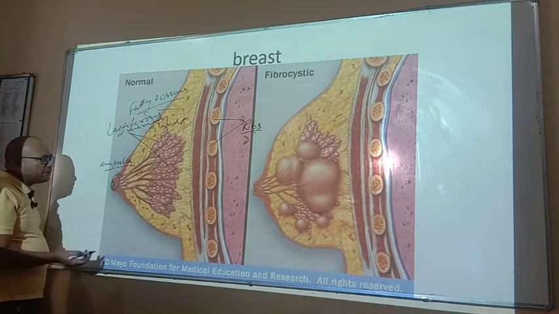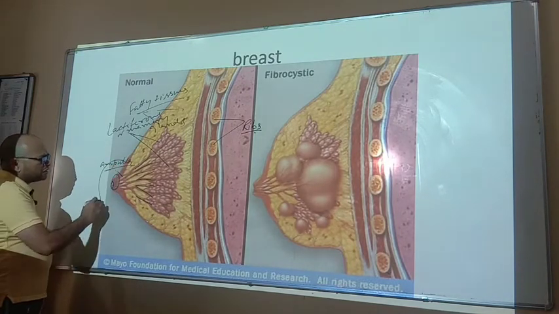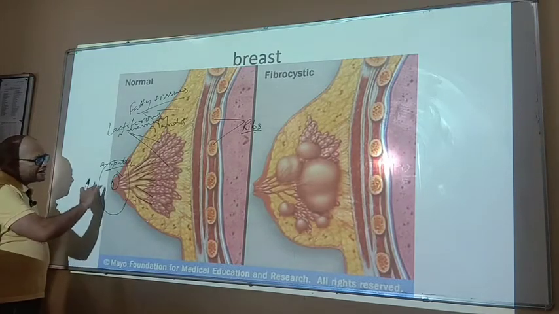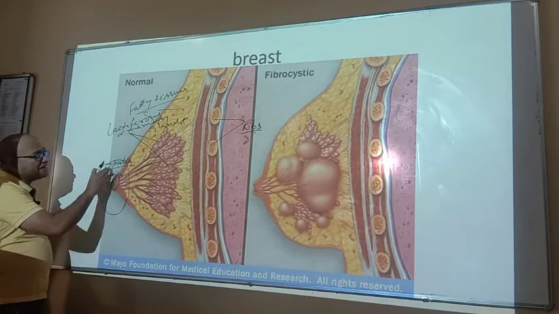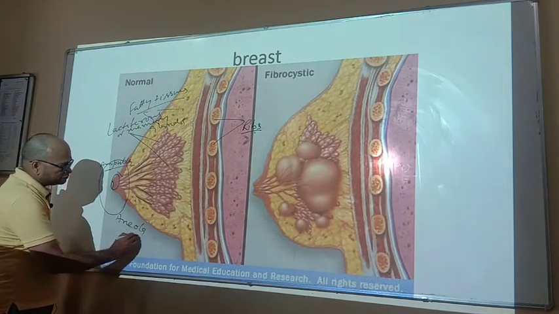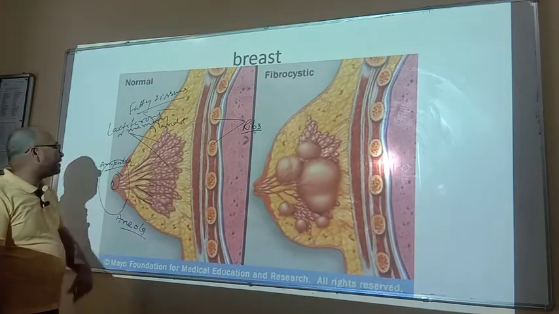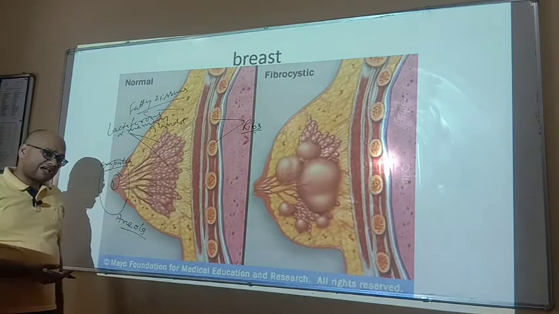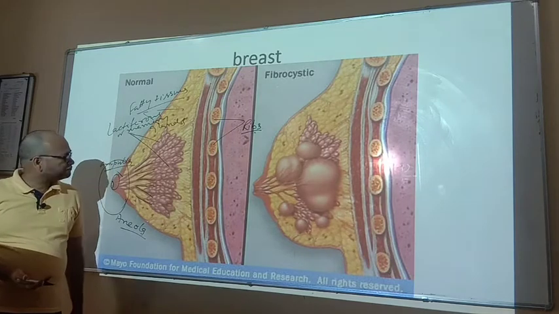Around the nipple, a circular darkened or pigmented skin is found, called the areola. Nipple and areola are also found in the male as vestigial organs.